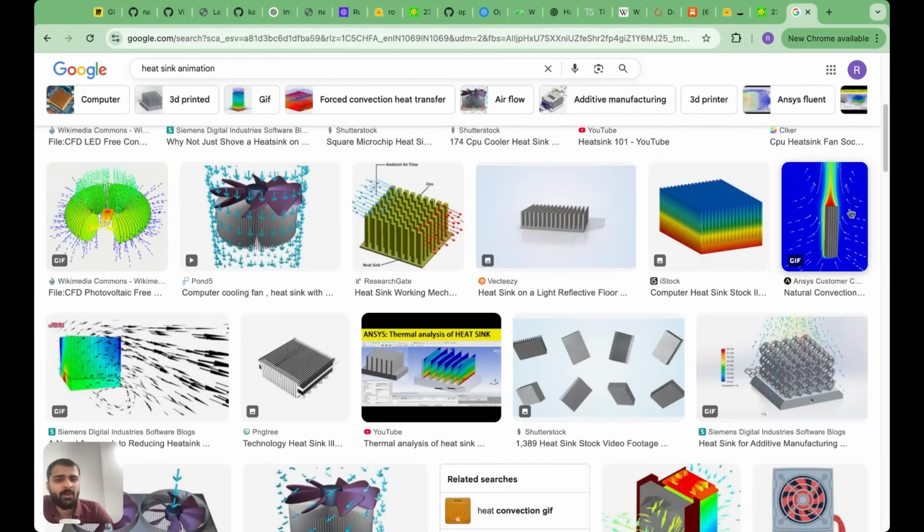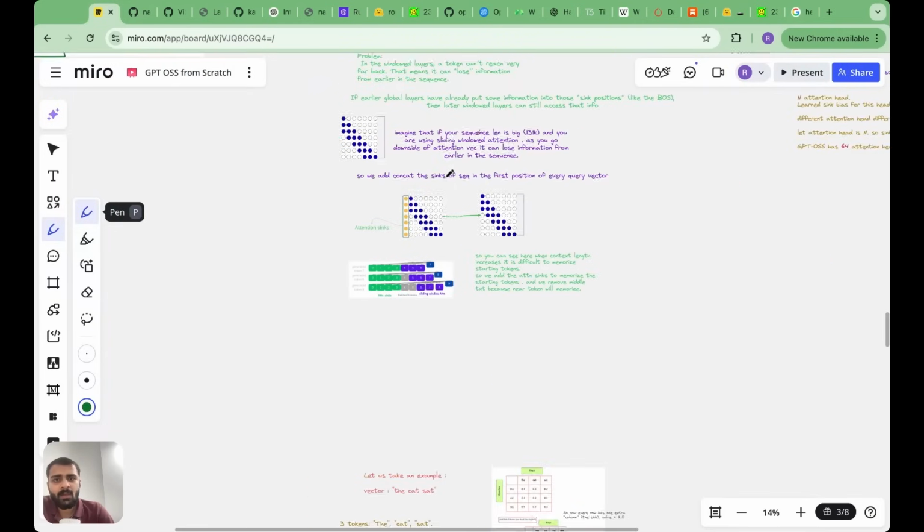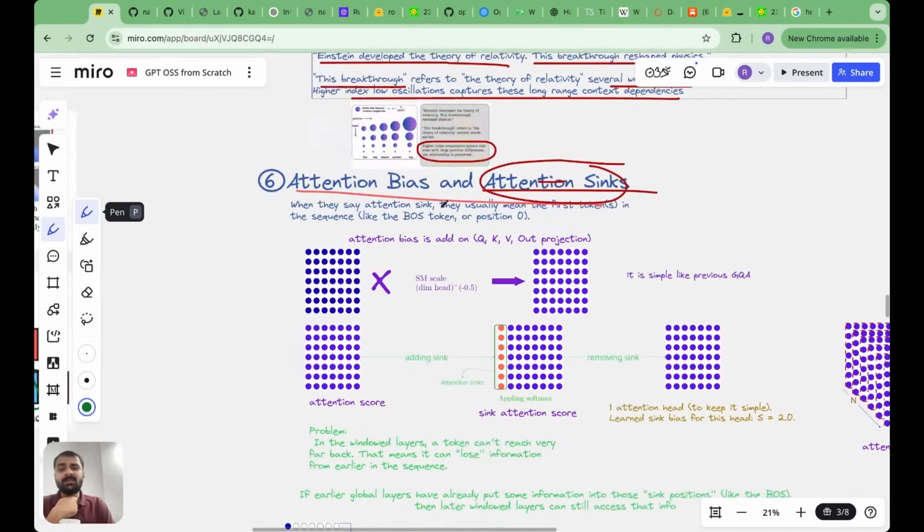So if you take a look at this, for example, maybe this is the sink where all the noise heat is absorbed, and so you can think of the attention sink as absorbing all that unnecessary attention noise so that my actual tokens don't suffer, and then I get the correct attention score matrices. All right, so this is called an attention sink.